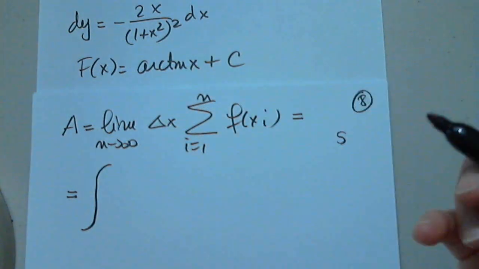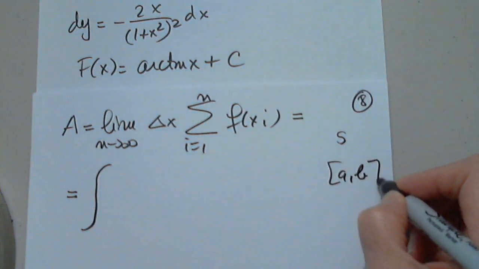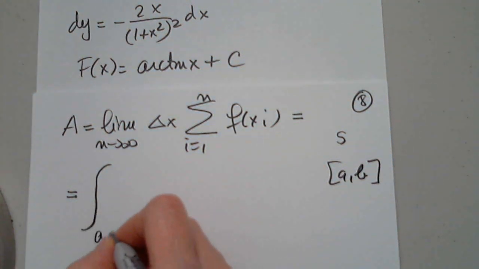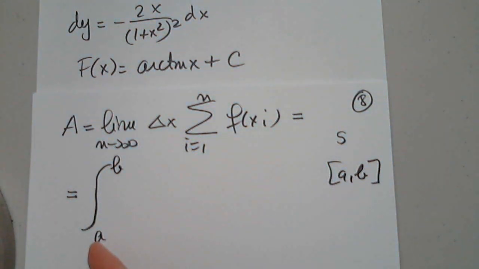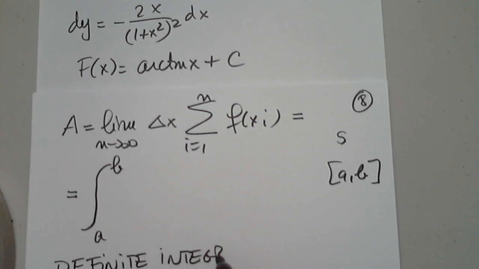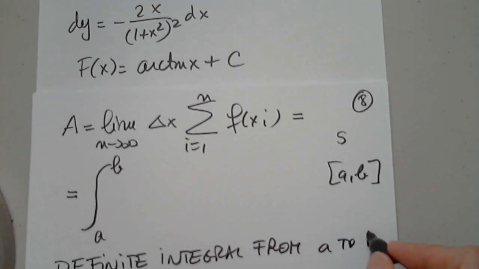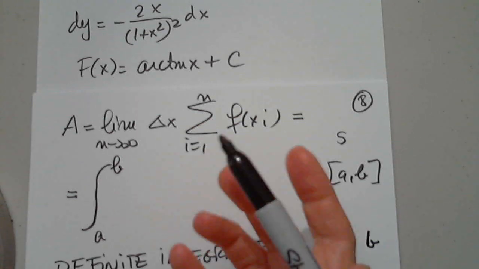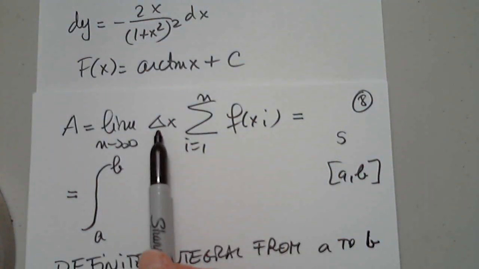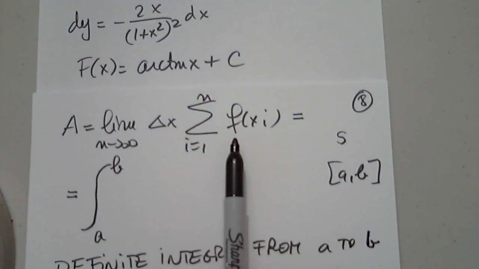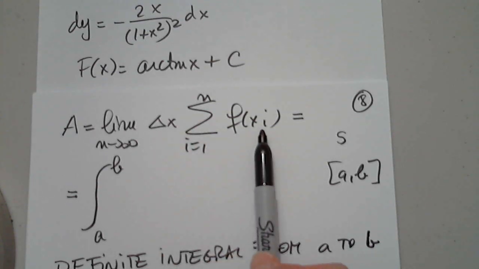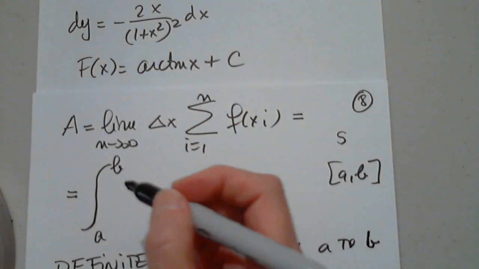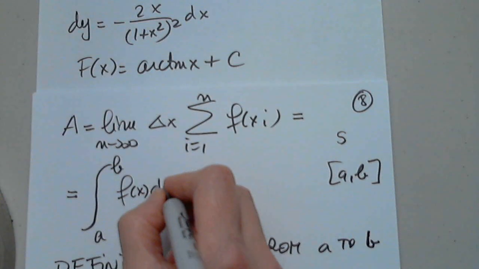So of course the interval in this case is a comma b. So the interval from a to b, and this is called the definite integral from a to b. Of what? Of the same thing. We are not writing it as delta x f of x, but it's the same thing where we have to write it as f of x dx.